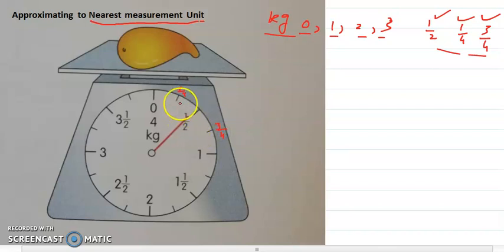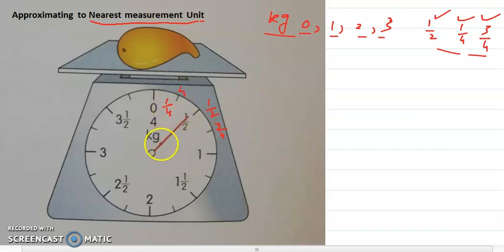Now whenever we are rounding to the nearest measurement unit, we have to look where the pointer is. We have to look at which numbers the pointer is in between. Right now, this pointer is between quarter and half, so we will consider these.